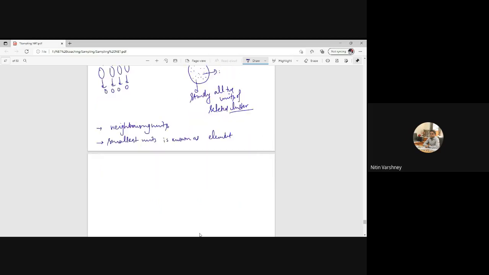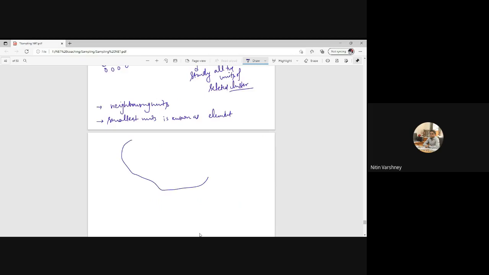Suppose I am doing a forest survey. There are too many trees, so to reduce the cost of the survey, I will make clusters of neighboring trees. So this will be our clusters.